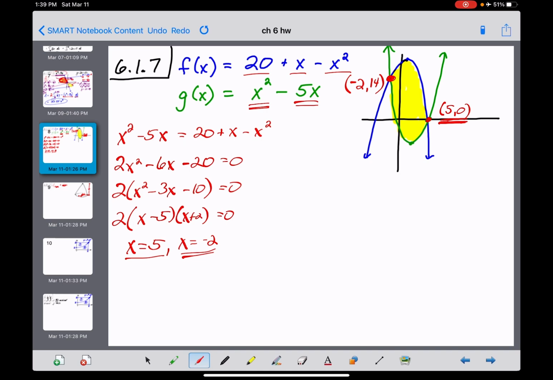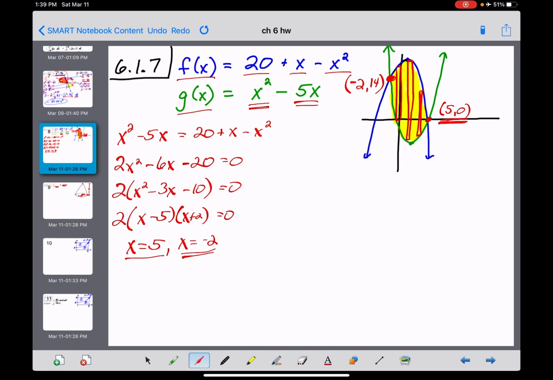Given that both of these equations were given to us in function notation, they're both solved for y in terms of x. It would certainly be a lot easier if we could integrate with respect to x so that we didn't have to solve the equations for x in terms of y. So if I think about a couple of my vertical rectangles, maybe there's one, maybe here's a second one right there, maybe here's a third one over there somewhere, I like what I see.